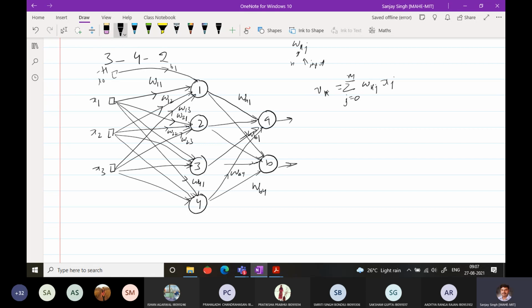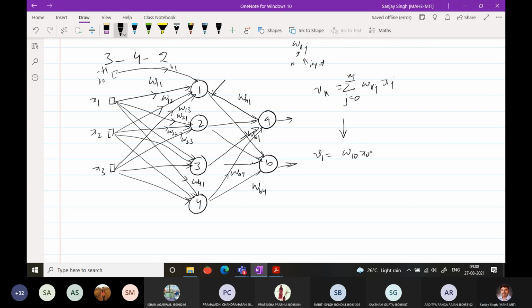I can mark it as v1, not a problem. Whatever the equation here, what will be this particular output? The output of this one will be nothing but, let me call it V1, the activation potential for neuron 1.